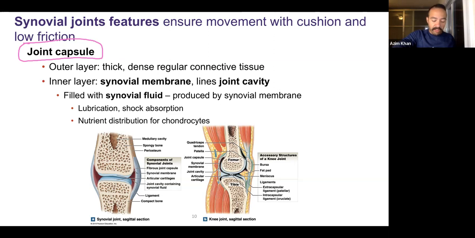It's a space where two or more bones meet, usually two, encasing that area where they meet. So where I've drawn with my pink marker, that is where the joint capsule is. It's forming a border all around the bone in 3 dimensions.